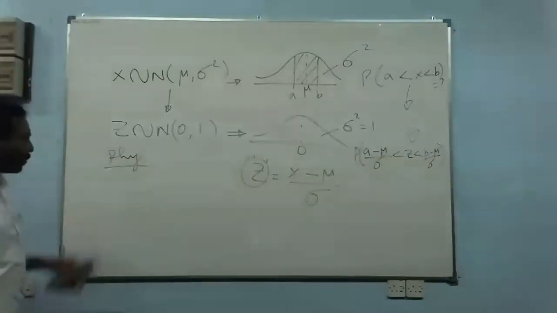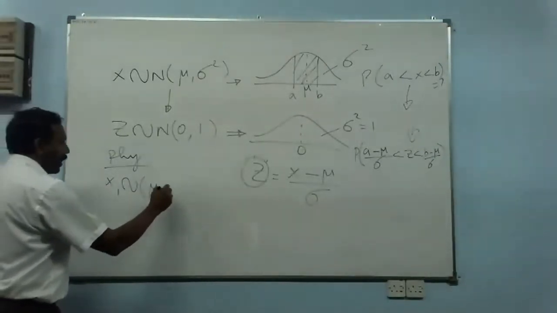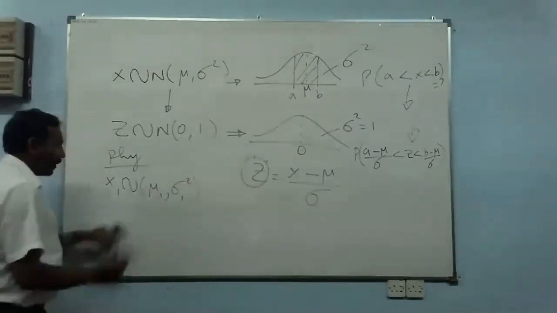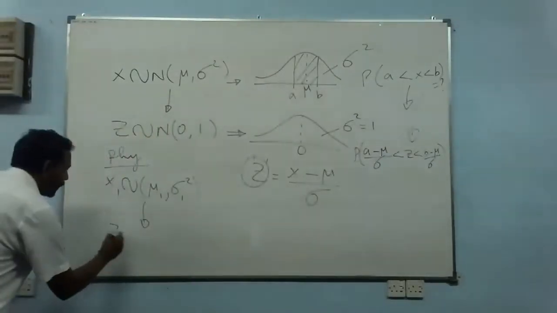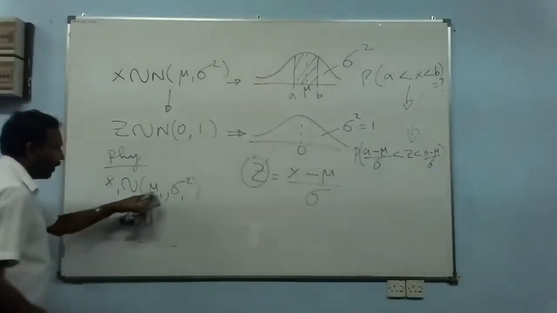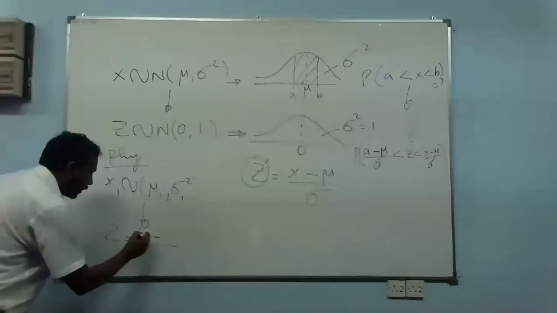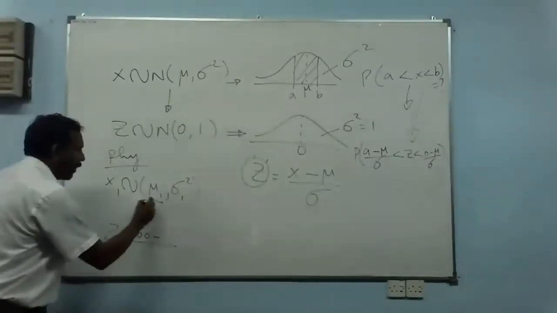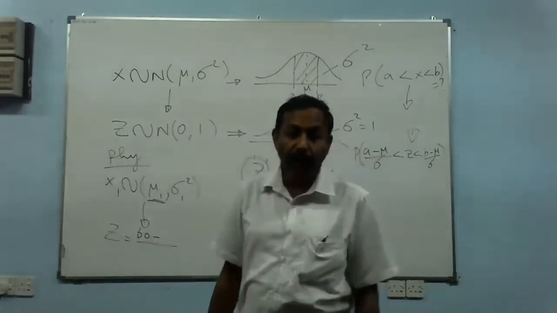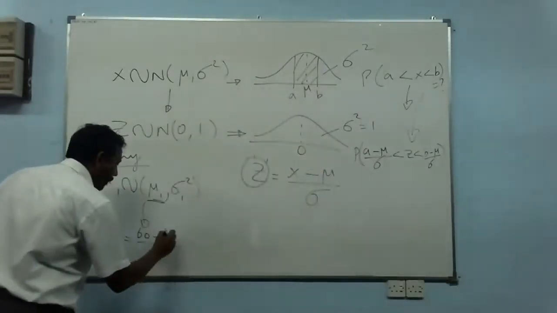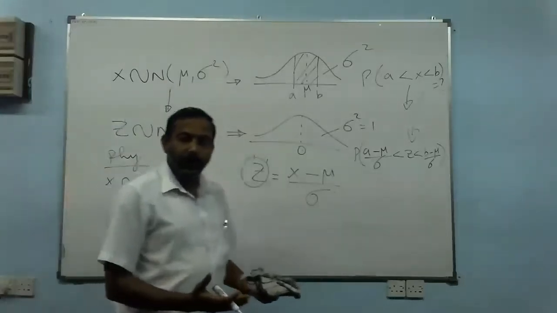If you have done physics, for example, let's say x1 is physics, normally distributed with mean mu 1 and variance sigma 1 squared. Z equals your own physics score, let's say 60, minus the average of all the students who have done physics, the mean mu 1, divided by the standard deviation of all the students who have done physics.